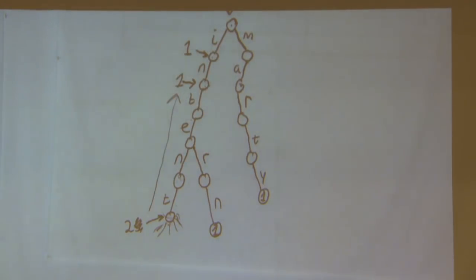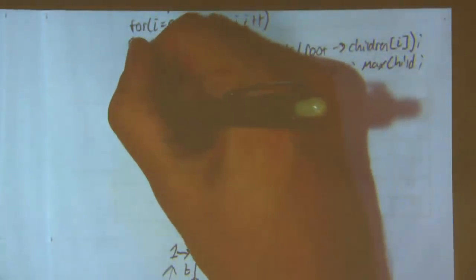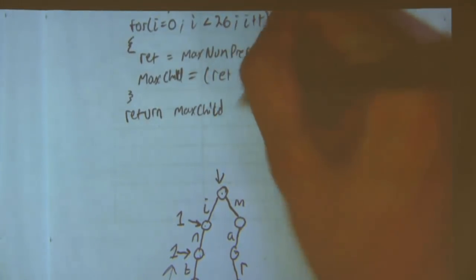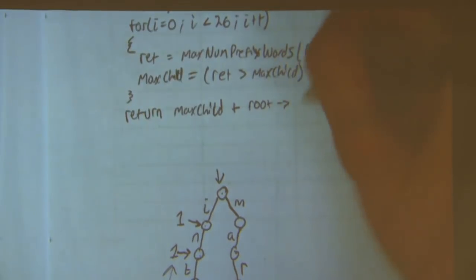All right. So basically, it's a pretty simple statement. All we say is we want to return the max child plus whatever is stored at the current node.